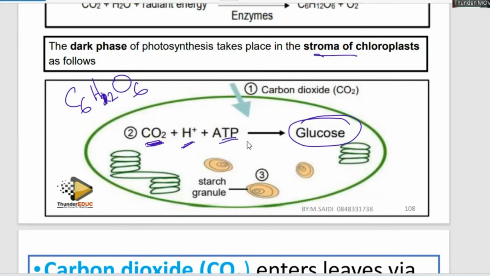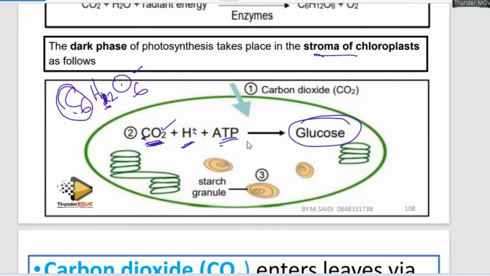We have the oxygen from the carbon dioxide, the hydrogen from the light phase, and the carbon will also come from the carbon dioxide. This process is an active process which requires energy. The energy is provided by the ATP which came from the light phase, and then glucose is what is formed.